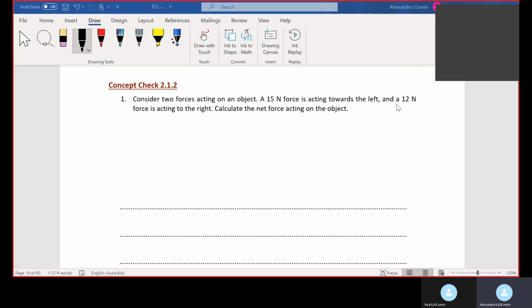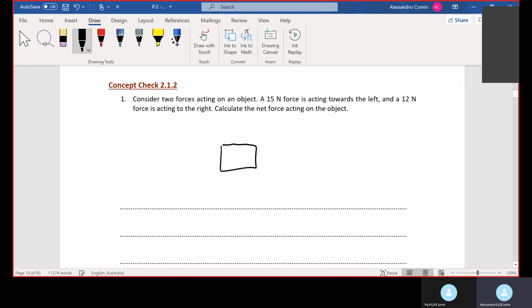All right, I'm back. So basically this entire concept check is just looking at vector diagrams. We can see here a 15 Newton force acting towards the left and a 12 Newton force acting to the right. Calculate the net force.